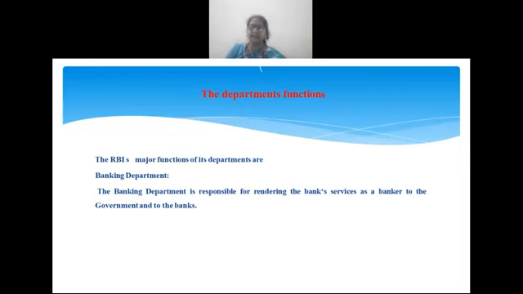And then recurring deposit: every month a certain amount will be paid, 5,000, 1,000, 2,000, any amount. They will pay for a duration of 12 months to 60 months. And then fixed deposit: one lump sum amount paid into the bank, 1 lakh, 2 lakh, 10,000, 5,000, whatever it may be, and for that the bank gives interest.